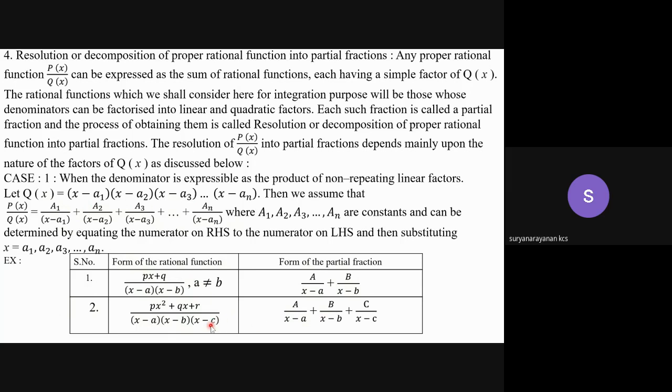And for the third non-repeated linear factor, we wrote the third partial fraction, capital C by x minus c. First, we had to write these partial fractions for a given rational function. Understood?